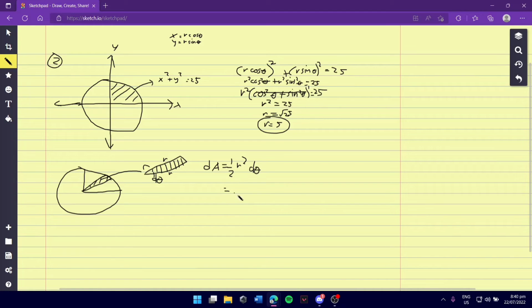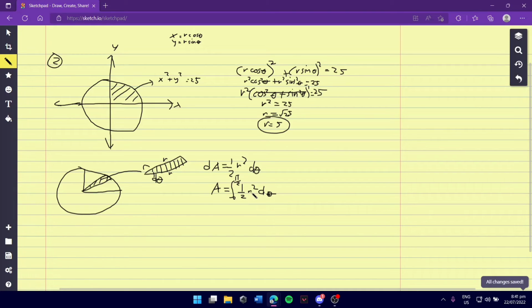Right. So next, we will apply the integral. So area is equal to the integral of 1/2 r squared d theta. Right. So the limit here is 0 to pi over 2.